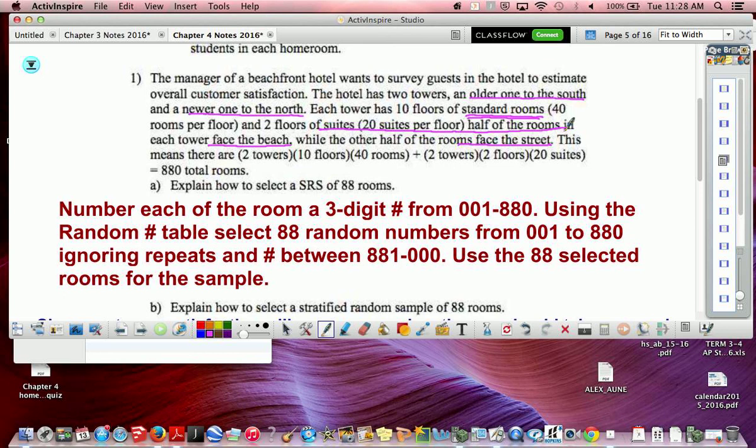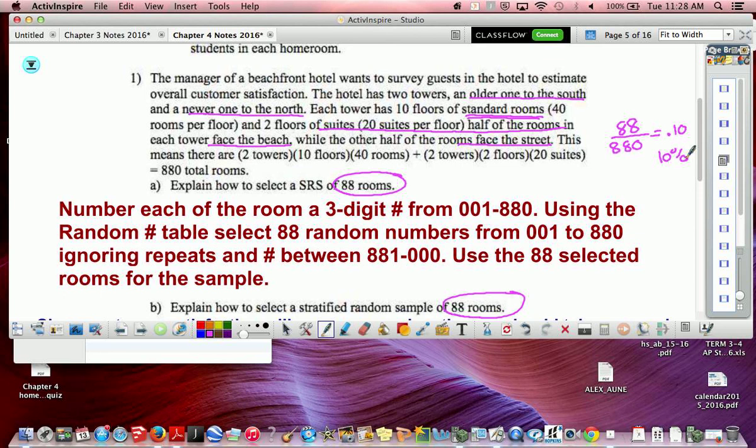So when I look here, I want a random sample of 88 rooms. Okay, it's still 88. How many total rooms do I have? 880. So that is 10%. So when I do each of my groupings, I want to take a simple random sample of 10% of the types of rooms. Okay?